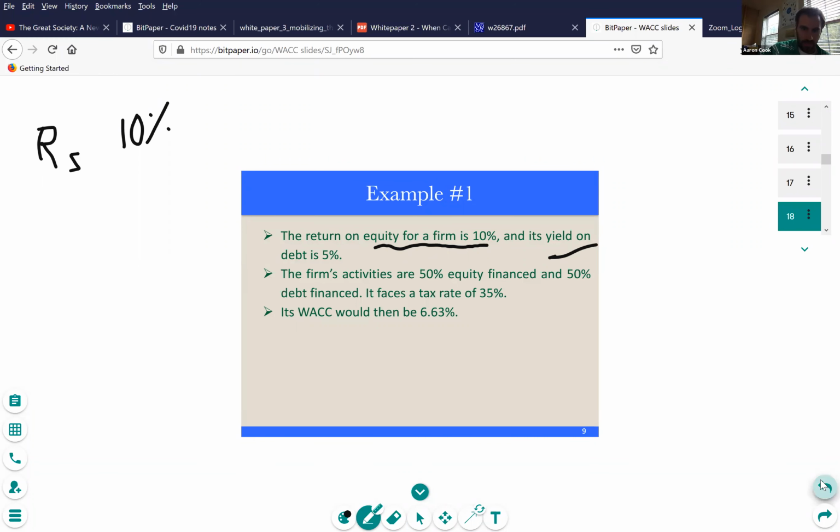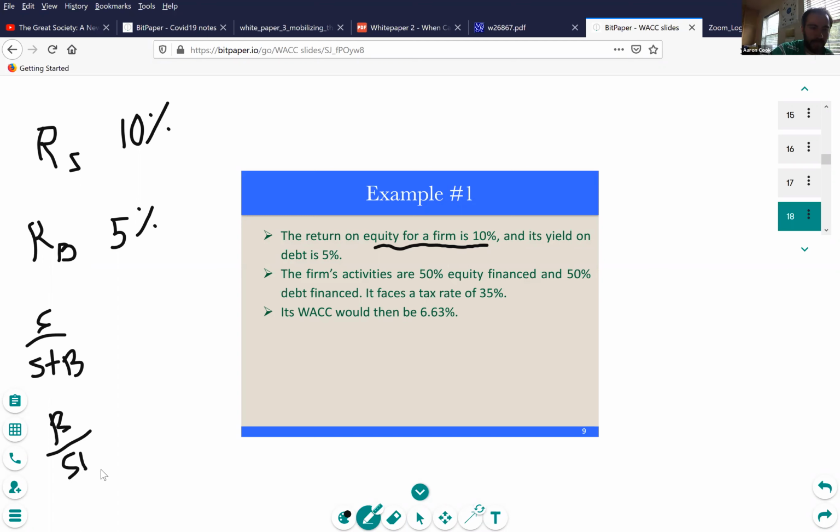That would be RB, just the current borrowing rate. We have a case where half the firm's financing activities are equity, and the other half use debt. And so in that case, S over S plus B and B over S plus B would both be equal to 0.5.